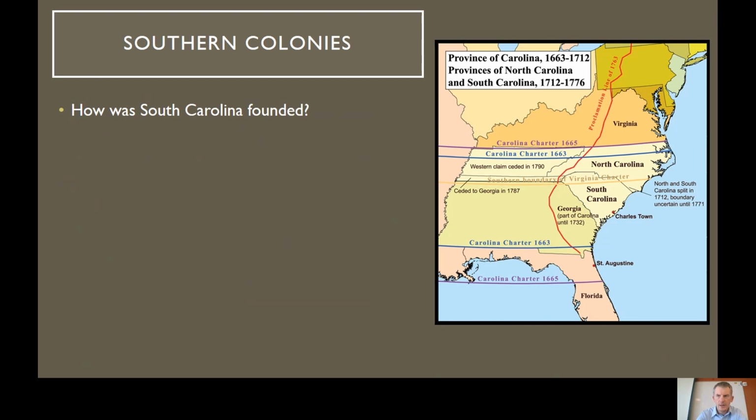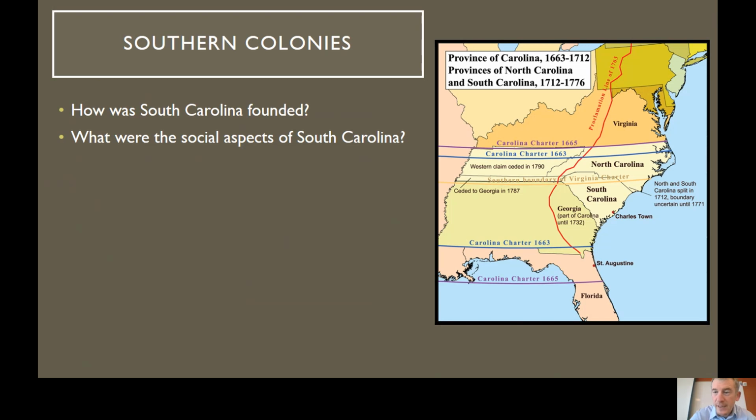South Carolina and North Carolina are going to split. But South Carolina, when it's originally founded, has an economy based on timber, tobacco, and tar. So, how was South Carolina founded?